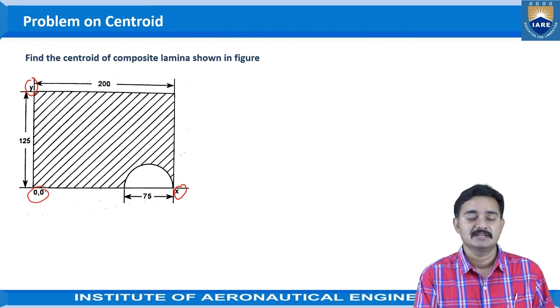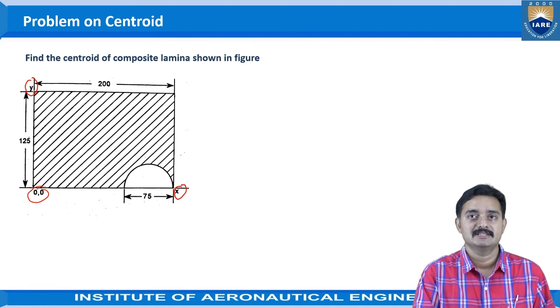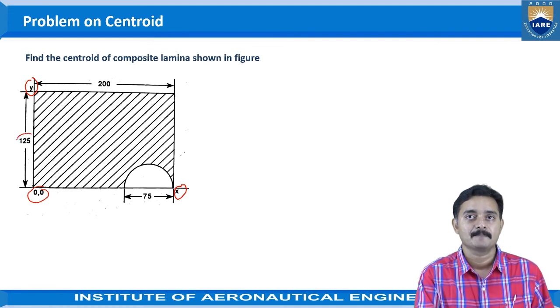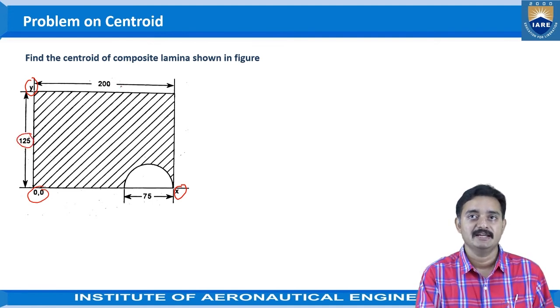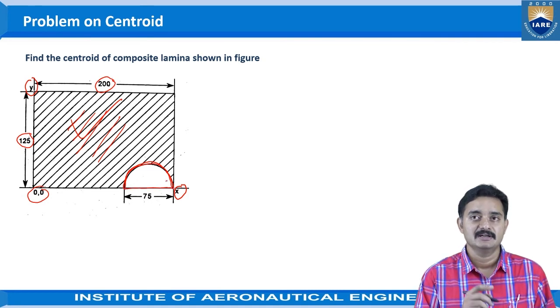The size of the values given here is: height of the rectangle is 125 and length of the rectangle is 200, and there is a small portion of a semicircle that is being cut. The shaded region here implies that there is material present here, and this hollow semicircle shape is representing that there is no material present here.